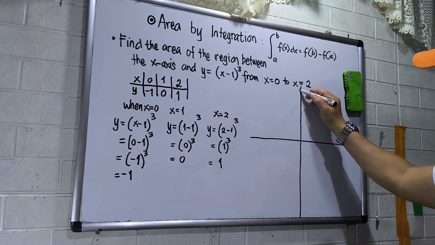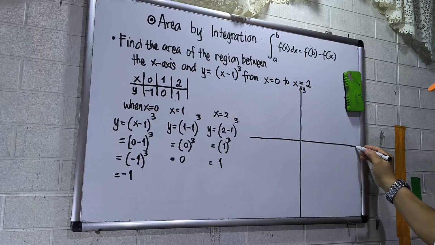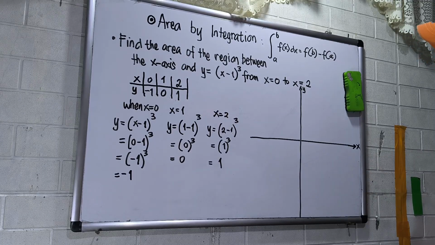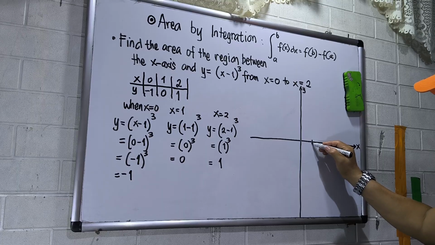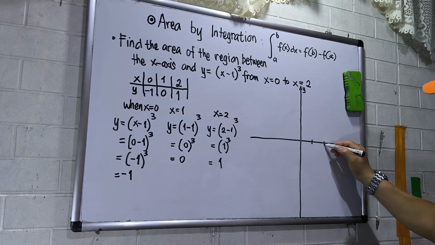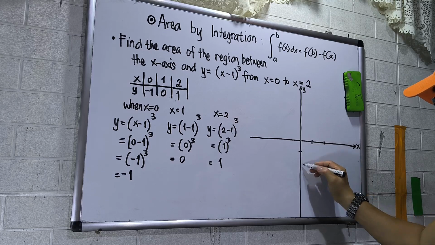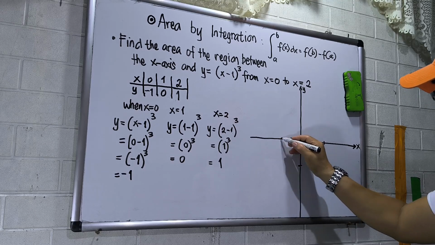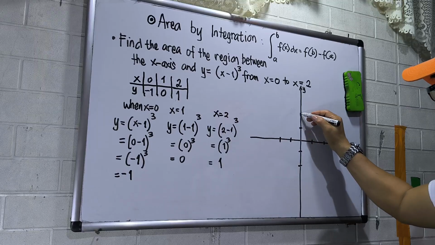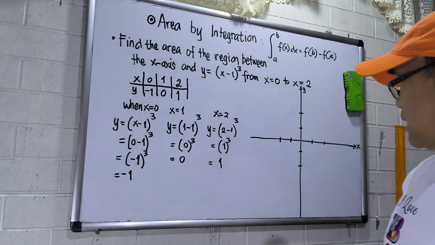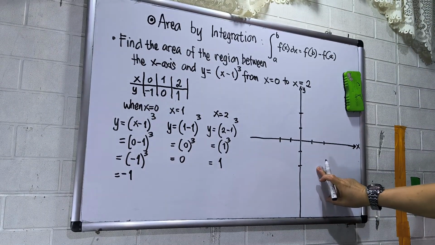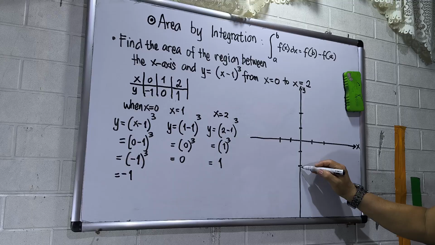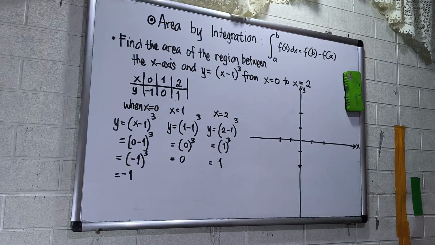Okay? So this is the y-axis, and then this is the x-axis. So 0, and then 1, then 2. So this is 1 also. So 0, negative 1, so down. So take note, we know that (0, negative 1) is at the fourth quadrant. So y will be negative 1. Then, when x is 1, y is 0.